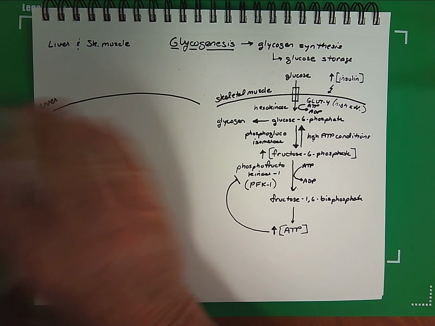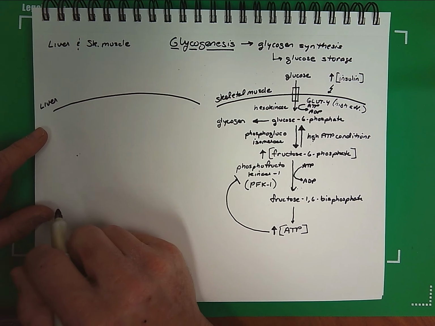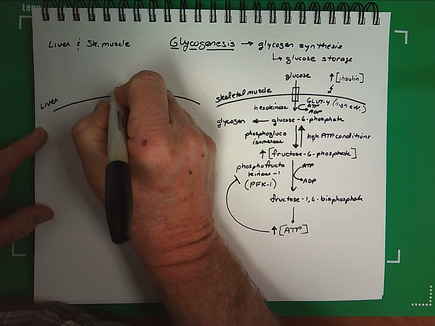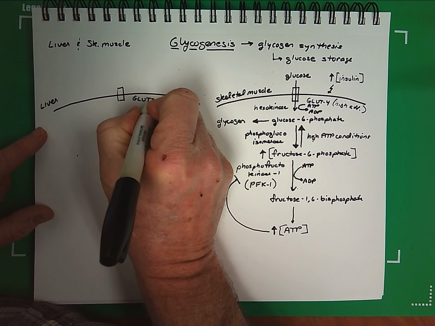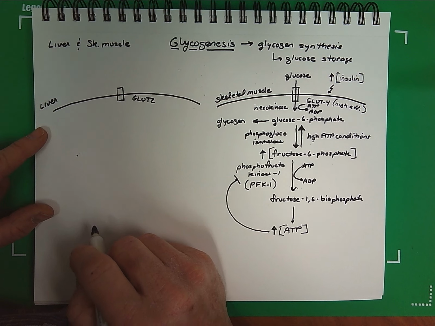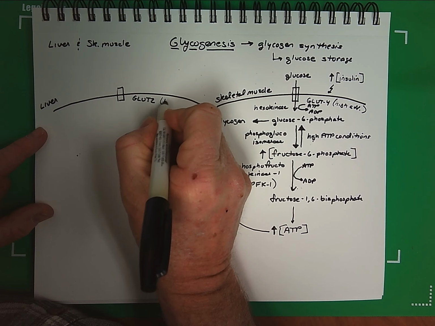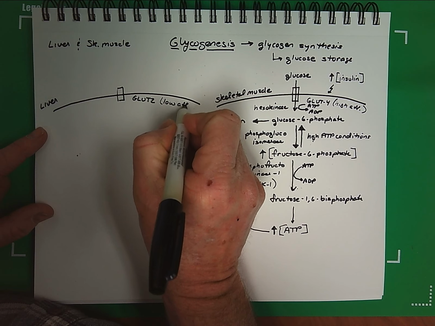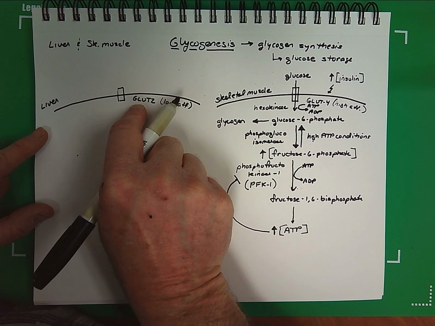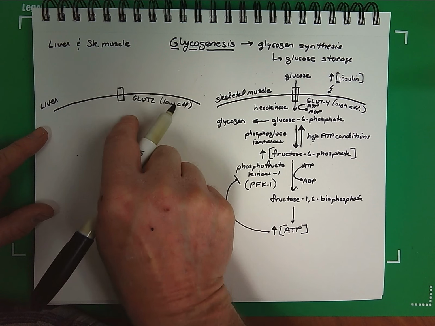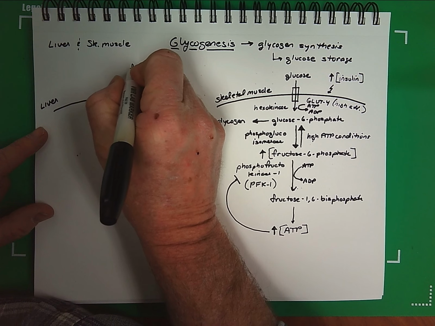So what about the liver? The liver is another major storage organ for glycogen. The liver is a little different in that it has not GLUT4, but GLUT2 on the cell surface. Recall that GLUT2 is a low affinity transporter of glucose. So the only time GLUT2 will primarily be taking up glucose in the liver cell is during the fed state.